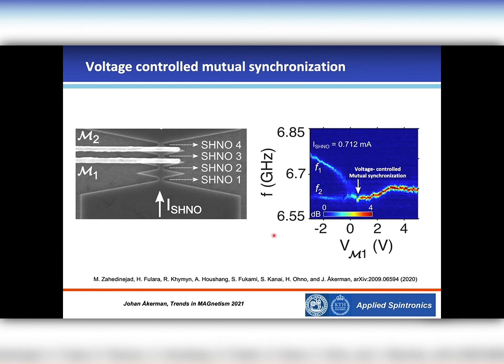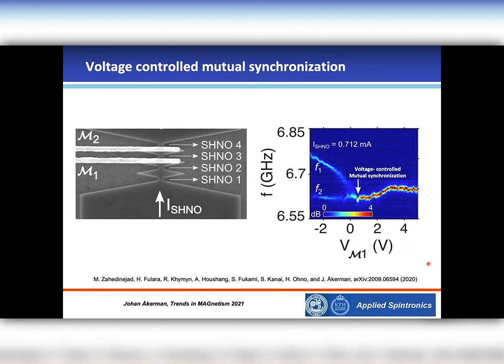If we now change the voltage on gate 1, we will tune the top oscillators. The frequency of those oscillators goes down as they approach the frequency of constrictions 1 and 2. They start to interact. You can see that the line width deteriorates substantially, and at about 0.5 volt of positive voltage on M1, they decide to mutually synchronize, and after that they stay synchronized.